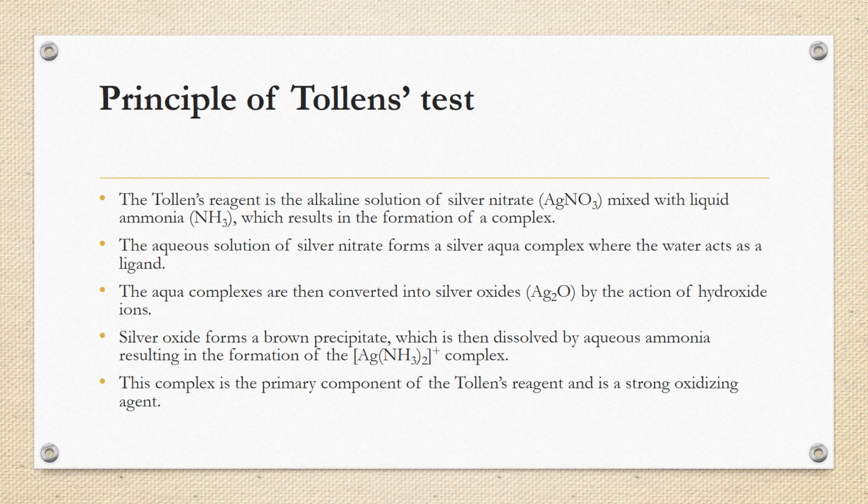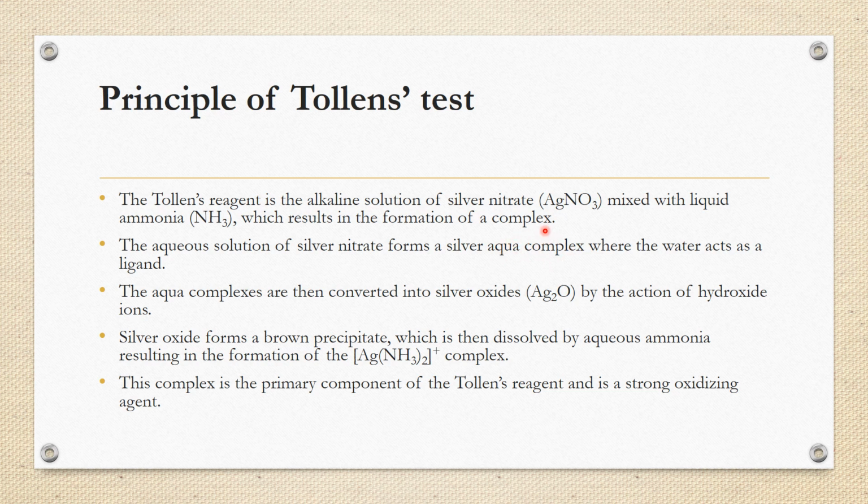What's the principle of Tollen's test? Tollen's reagent is the alkaline solution of silver nitrate, AgNO3, which is mixed with liquid ammonia, resulting in the formation of a silver ammonia complex.